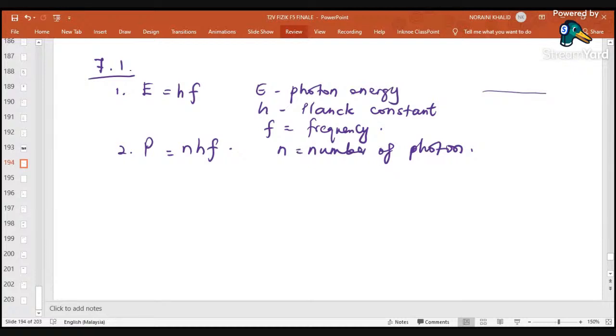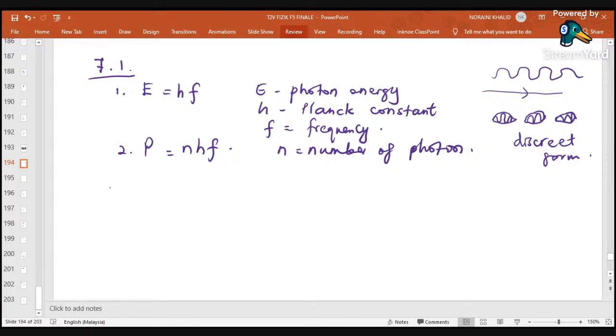It's not just travel continuously. So according to quantum, the photon energy is in this form, packet. So you can count how many photons travel. So this is photons, discrete form. Discrete means you can count, not continuous.